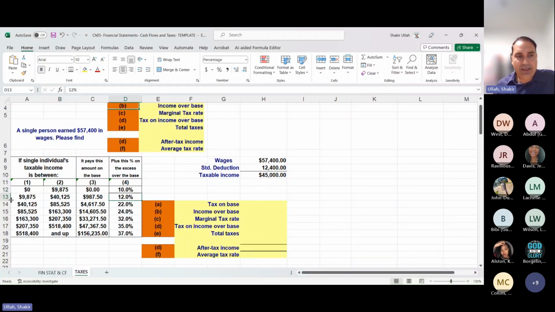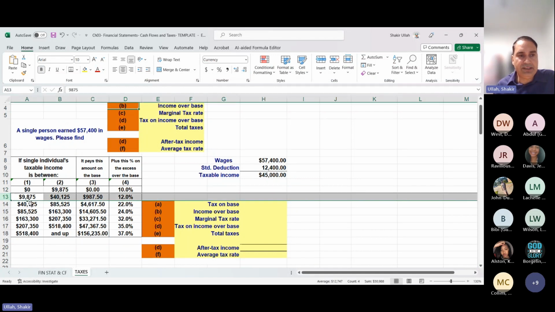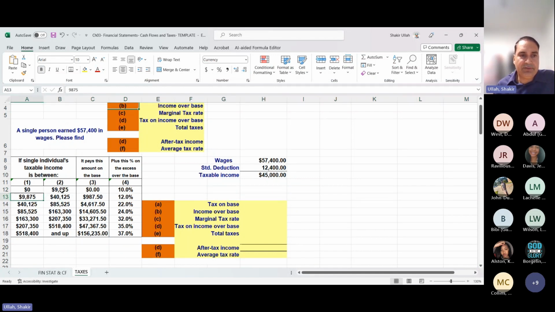Okay, so if you go to row number 13, for example, the previous bracket's maximum amount becomes the base of the next bracket. So your base is 9,875. On any income between this amount and 40,125, that is the maximum limit of the next bracket, you will be paying 12% on that difference between the two values.